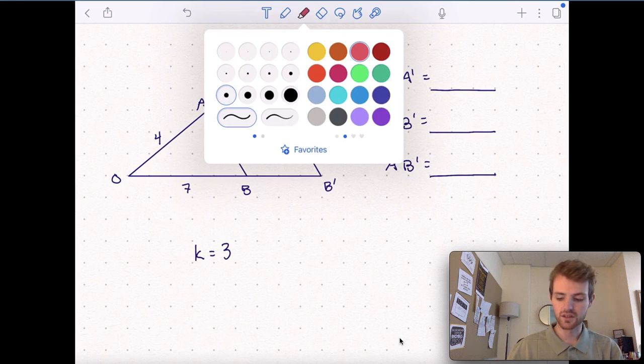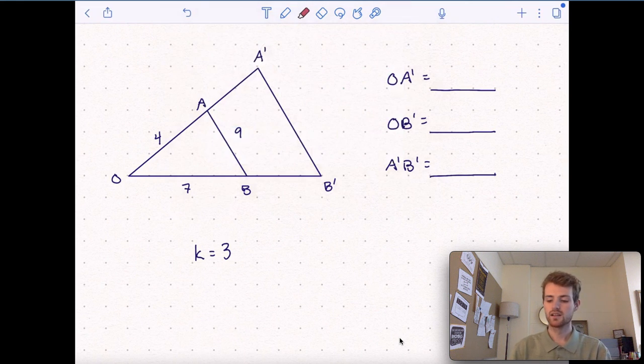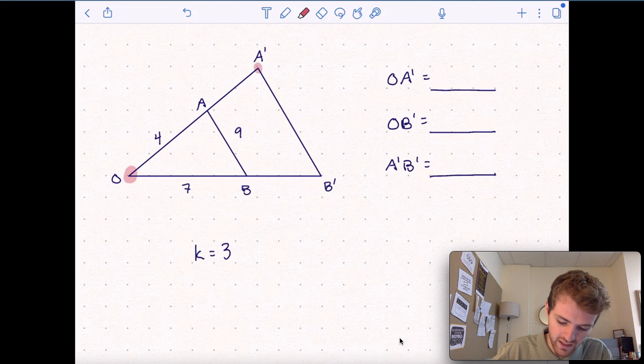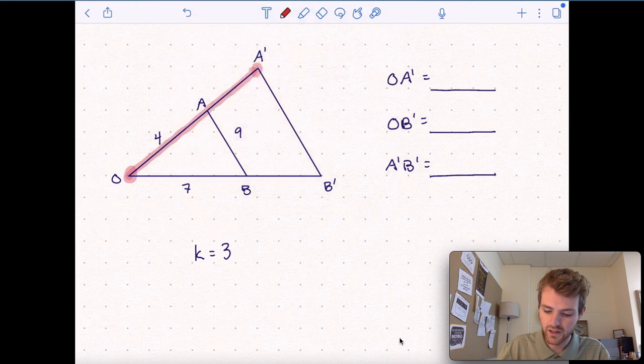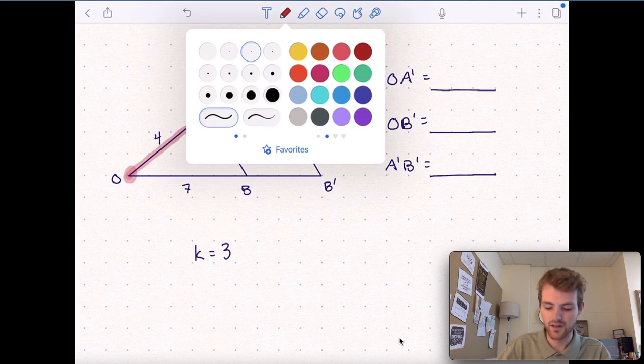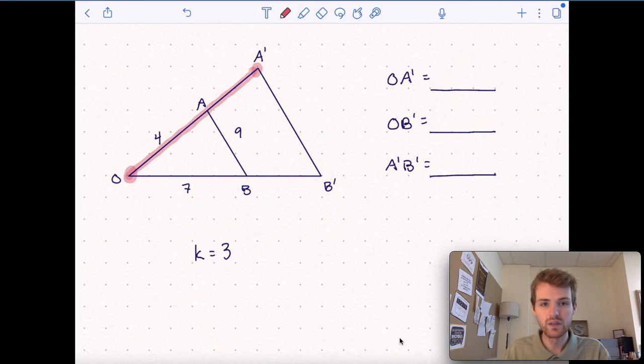Well, let's start in. To find OA prime, let's just look at our diagram and see where it is. If I start at O and I end at A prime, that's that whole side, right? We see that OA is 4.